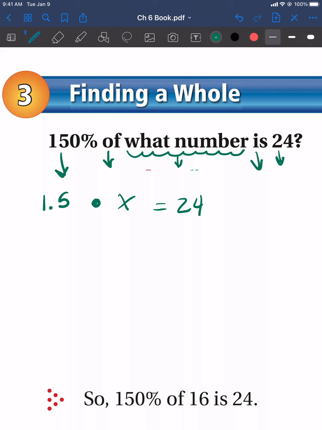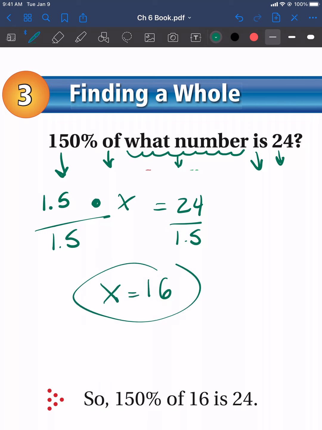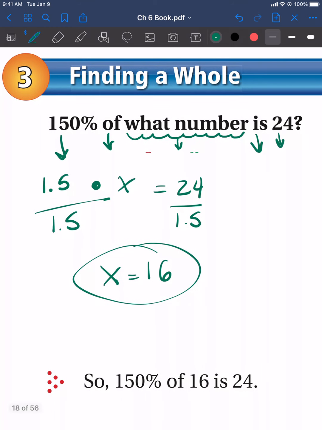Get 1.5 out of the way, and it's being multiplied, so we've got to divide. But if I do it to one side, I've got to do it to the other. 24 divided by 1.5 is 16. Okay, your answer is 16. So the final question is, 150% of 16 is 24.